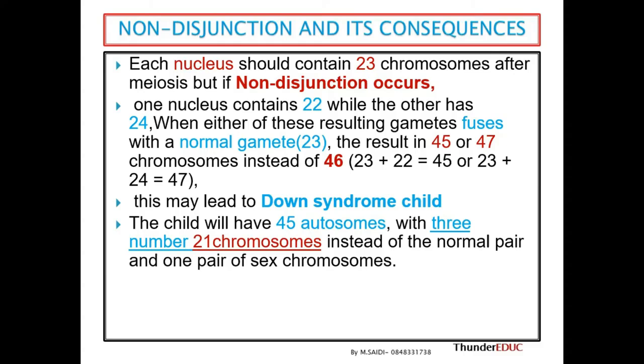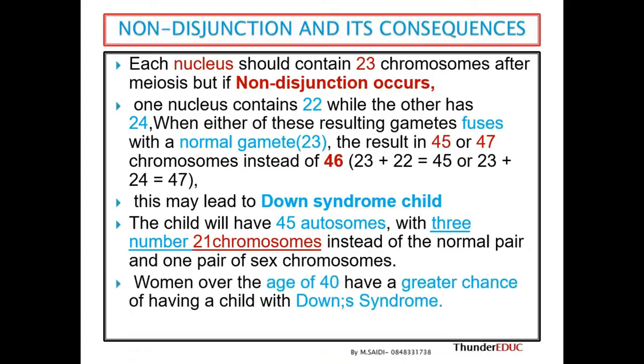It means that chromosome number 21 is going to be 3 of them. That's why we call it trisome. That cell is called a trisome because they have 3 chromosomes of the same kind instead of a normal pair, and 1 pair of sex chromosomes. So if there are 45 autosomes plus the sex chromosomes, which are X and Y or X and X, based on which gender it is, then it's going to become 47.